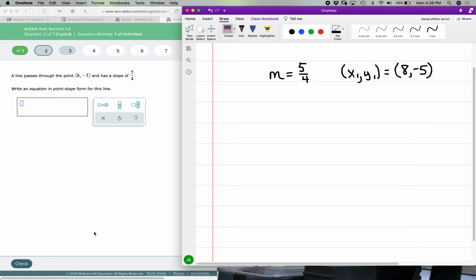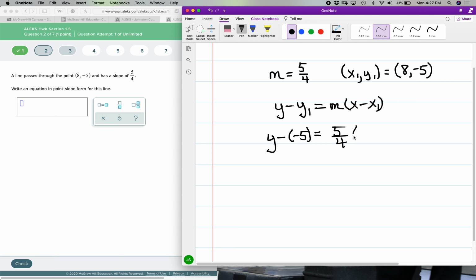Okay, in this problem we have a line passing through the point (8, -5) with a slope of 5/4, and it says to write an equation in point-slope form for this line. So the slope m is 5/4, and the point through which the line passes is (8, -5). For the point-slope setup, we have y minus y1 is equal to the slope m times the quantity x minus x1. So y minus -5 is equal to the slope, 5/4, times the quantity x minus 8.